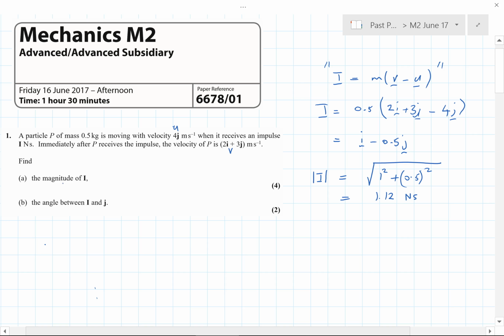Okay, so the angle between I and j. Having marked some of these, I was a little bit surprised that probably as many got this wrong or didn't get full marks for this. I is this vector here, so it's going down in this direction, 1 across and 0.5 down.